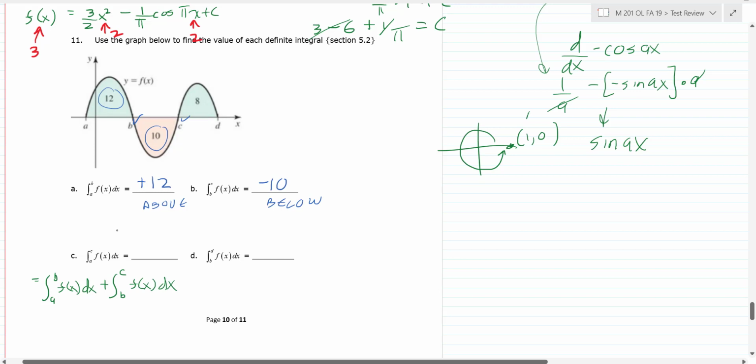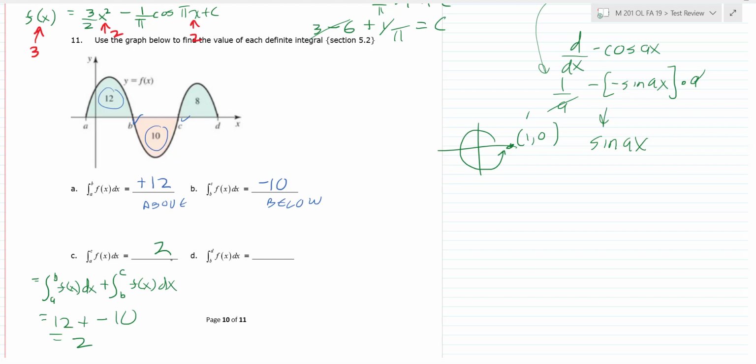The integral from a to b was 12, and the integral from b to c was negative 10, so this net area would be 2. You can really do that problem in your head. It's easy to do in your head, but what you're learning is the property of integrals. The next one, you're going from b to d.